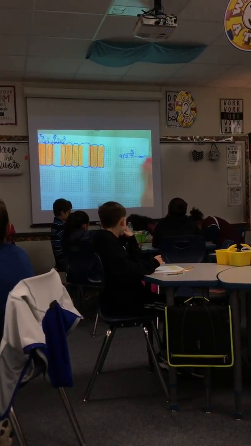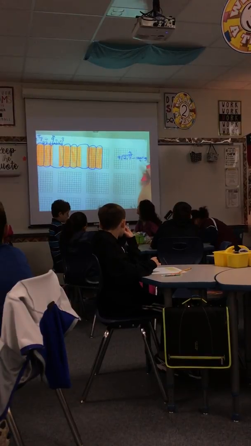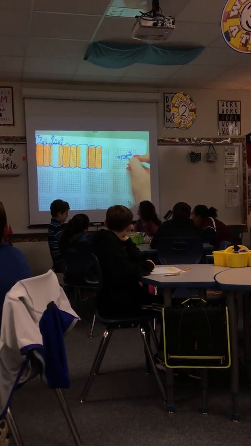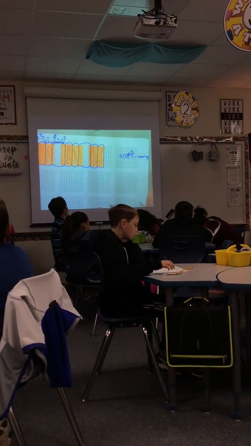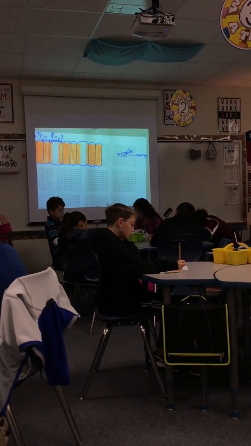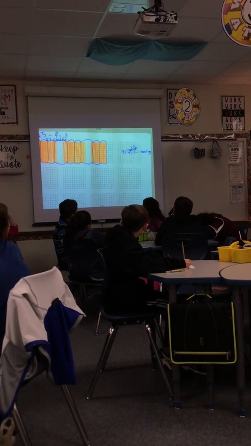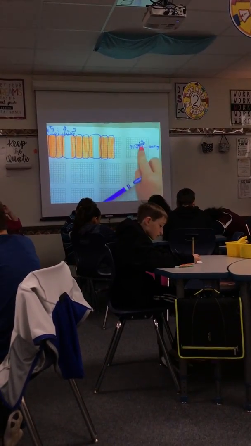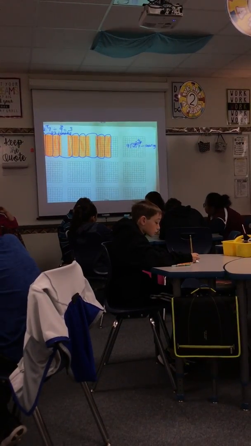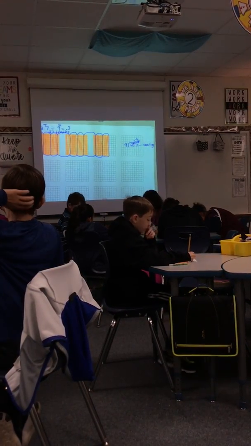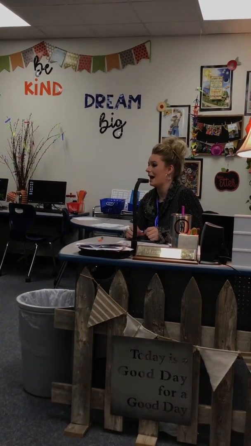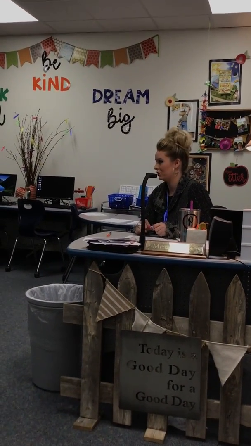We move the decimal from the inside of the house up to the roof. So we're going to X that out because that's not our correct answer. All we have to do is move the decimal from the house to the roof in division. So let's say that together.